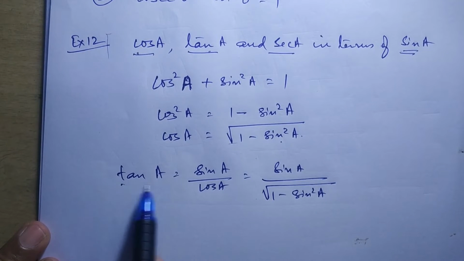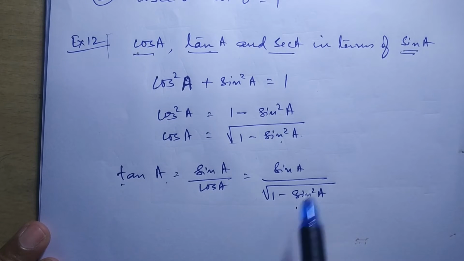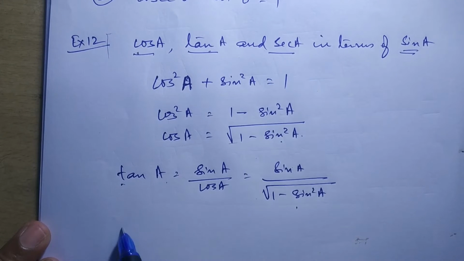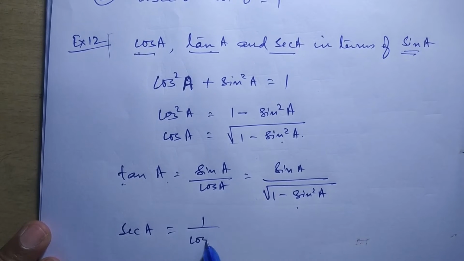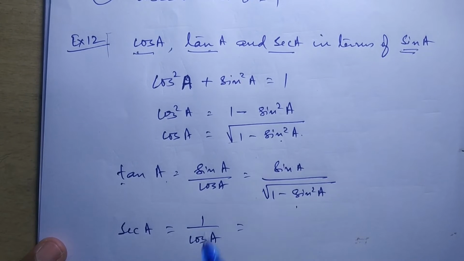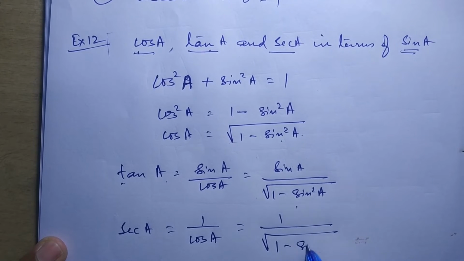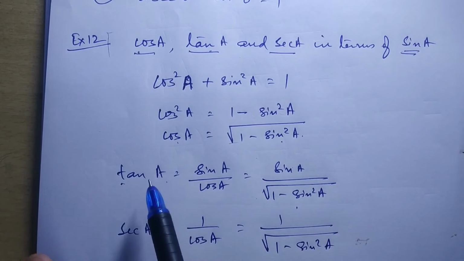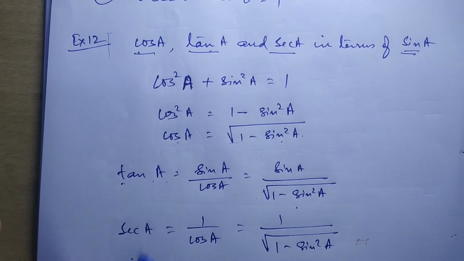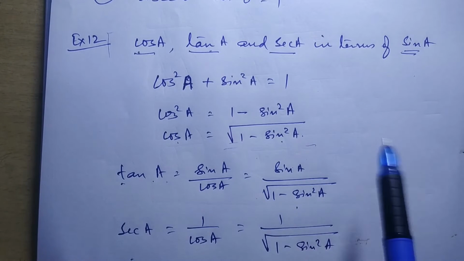So now you have got tan A in terms of sin A. Now the third one is sec A. Let us see. What is sec A? It is 1 by cos A. Now what was cos A? We have already derived it. So it is 1 by root over of 1 minus sin square A. So now you have got cos A, tan A, sec A in terms of sin A.